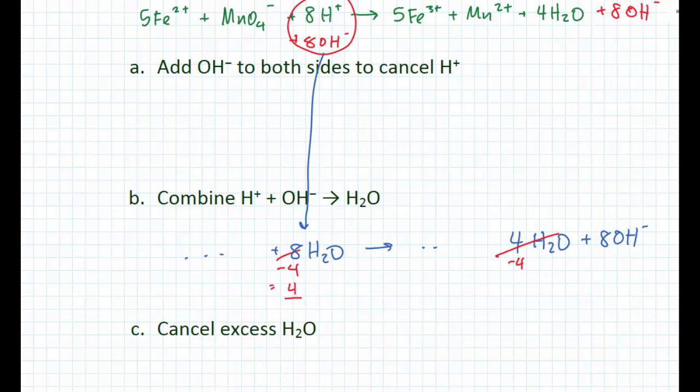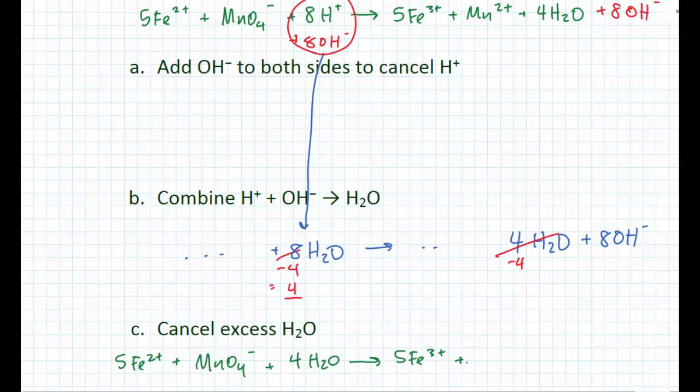So then we can rewrite if we want 5 Fe2+, MnO4 minus, 4 H2Os, 5 Fe3+, Mn2+, no H2Os, and 8 OH minus.